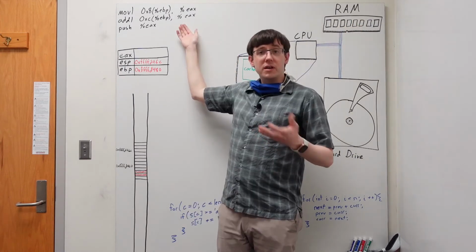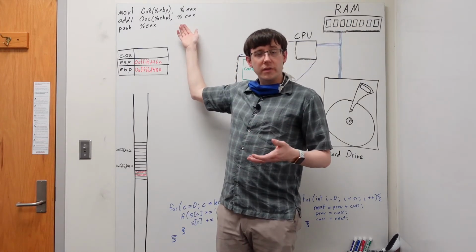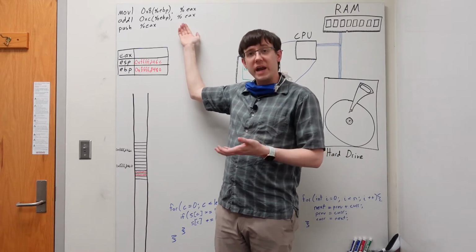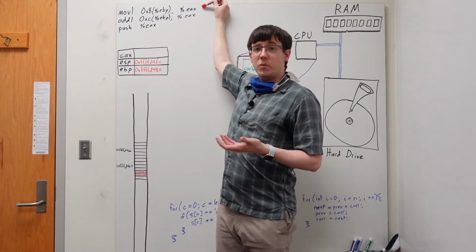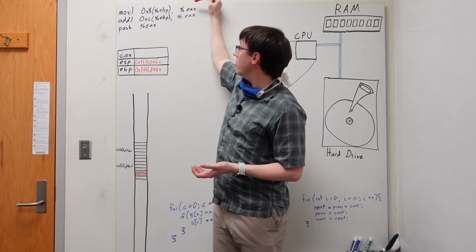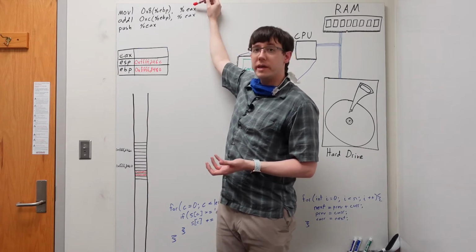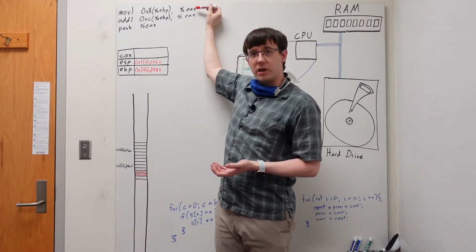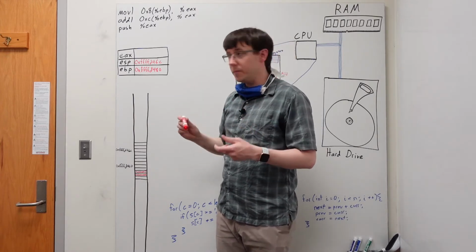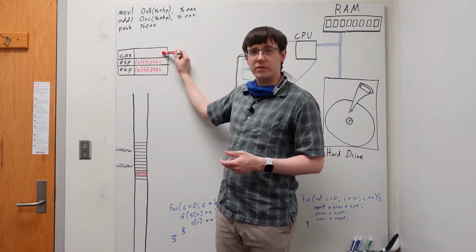So for some of the assembly instructions that we're familiar with, we can think about when they are reading or writing data. If we begin with this move operation, we have a source and a destination. Here, the destination is a register, so the place that we will eventually be putting data is the EAX register.